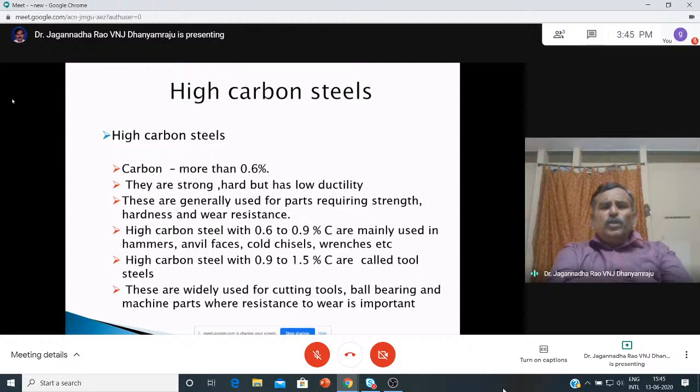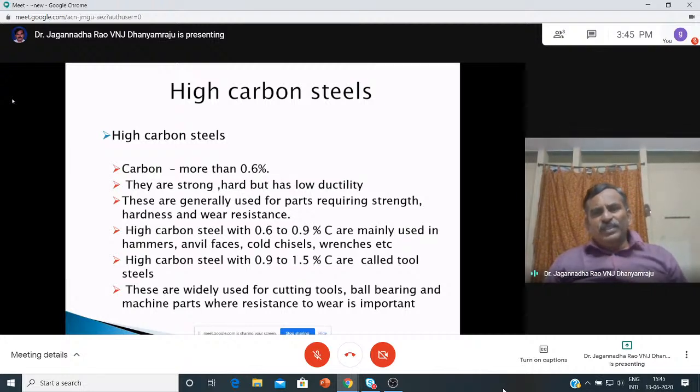It will not be more than 1.2%, right? So the range can be 0.6 to 1.2, right? One portion is hypoeutectoid, and the other portion is hypereutectoid.